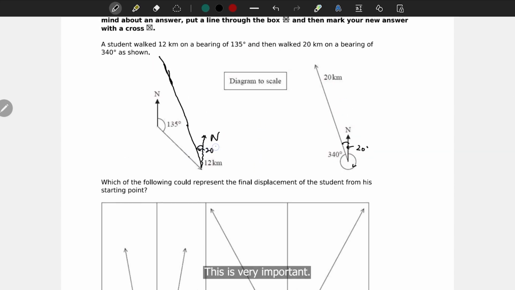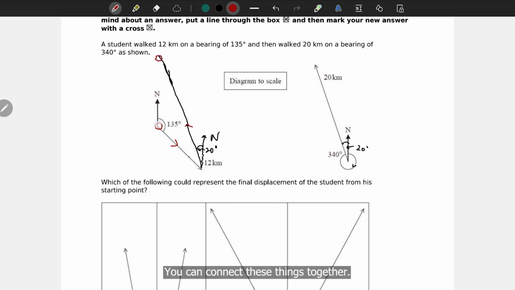This is very important. Use protractor properly. Use a protractor to measure this angle, and even the length of this one should properly be measured, and then draw the line accordingly. So now you already know this is my first vector and this is my second vector, and two open ends are, this is the open tail and this is the open head.